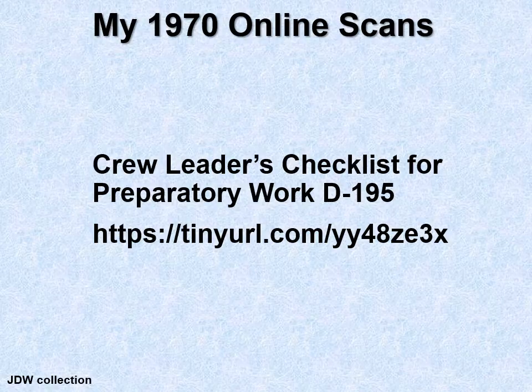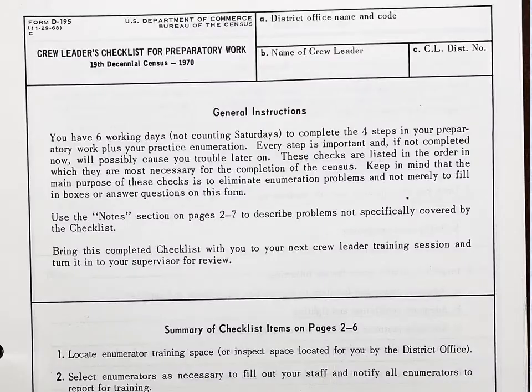If the district did not provide enough enumerators, the crew leader was required to complete the staffing. And there is a checklist for what a crew leader needed to do. That's D195 that I have put online for you.